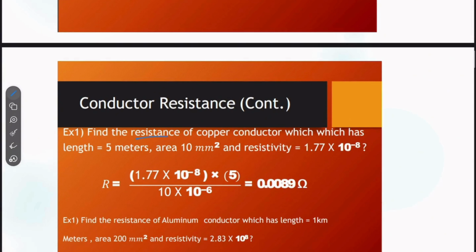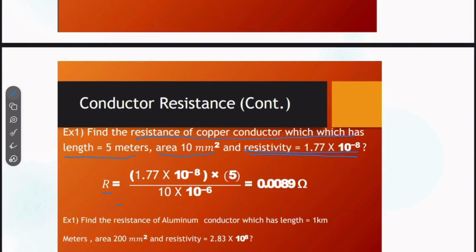For example, let's find the resistance of a copper conductor which has a length of 5 meters, an area of 10 square millimeters, and a resistivity of 1.77 times 10 to the minus 8. We can get from the table that the resistivity is based on the material.